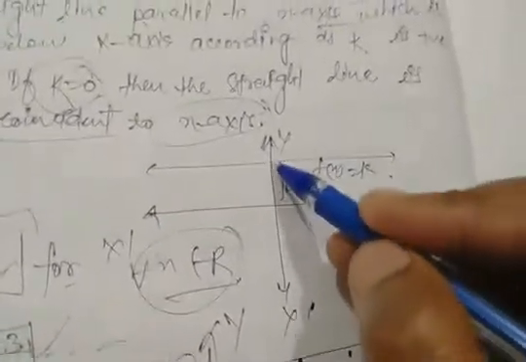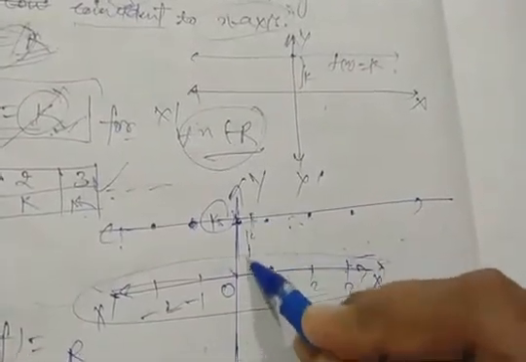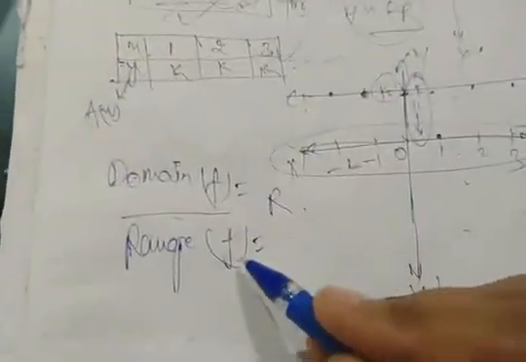And what is the range of the constant function? The range is taken along the y axis. The range of that type of function is always that constant value k. This is the concept of the constant function, okay.